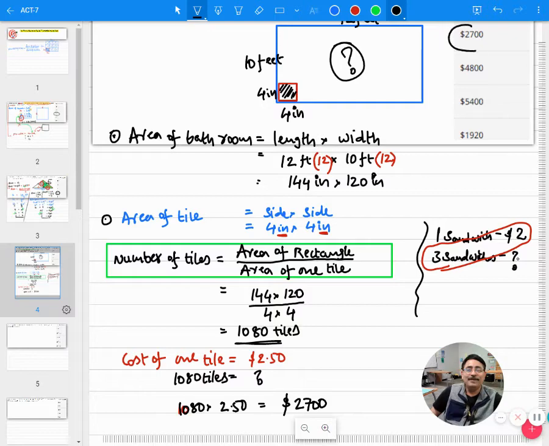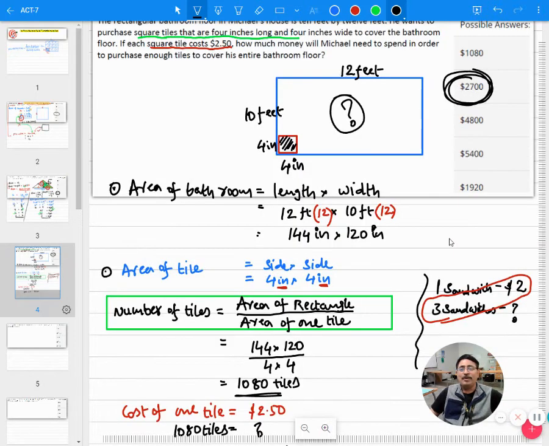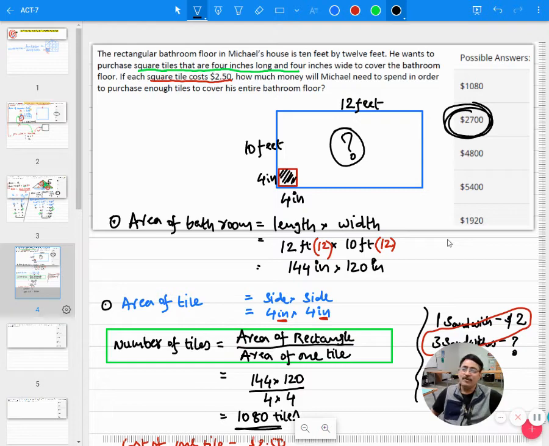I see that here it is. Okay, so let's go back to the question really quick. Michael has a rectangular bathroom whose dimensions are 10 feet and 12 feet. Then you can find the area of that, but don't forget the tiles are given in inches, but the room measurements are given in feet. So we have to convert from feet to inches.